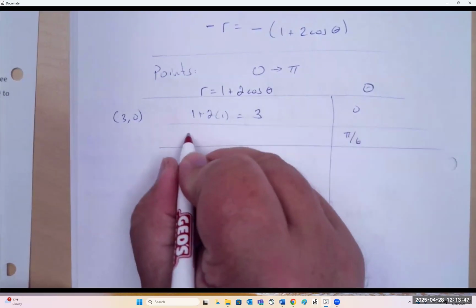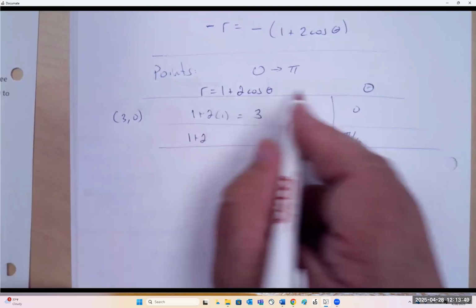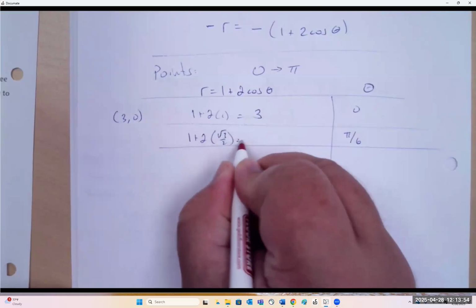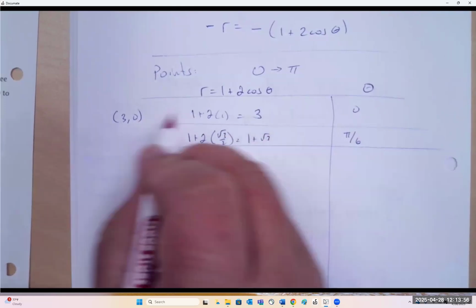Pi over 6. 1 + 2 cosine pi over 6 is radical 3 over 2, so 1 plus radical 3.